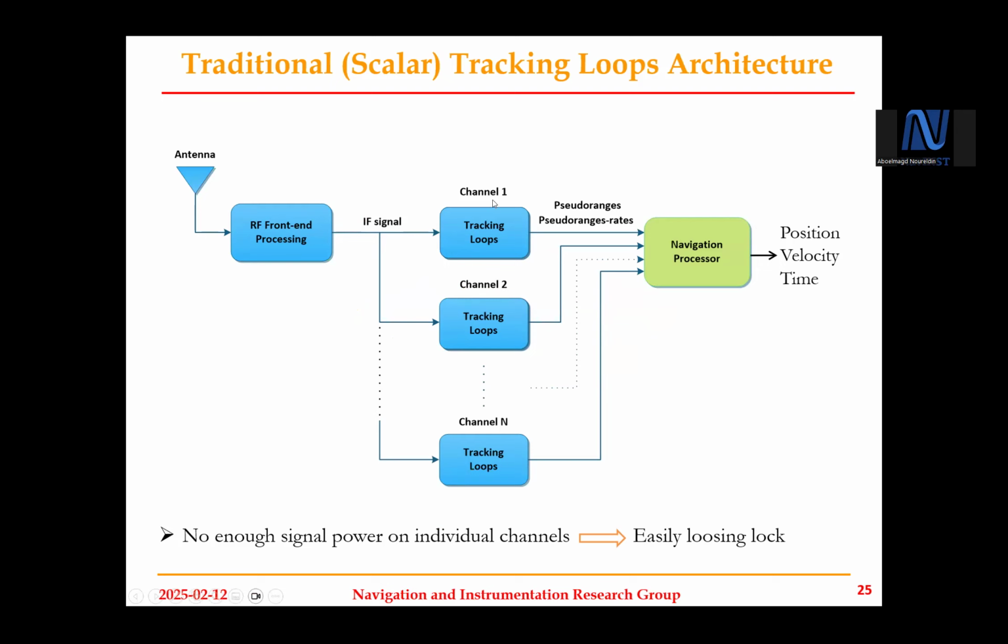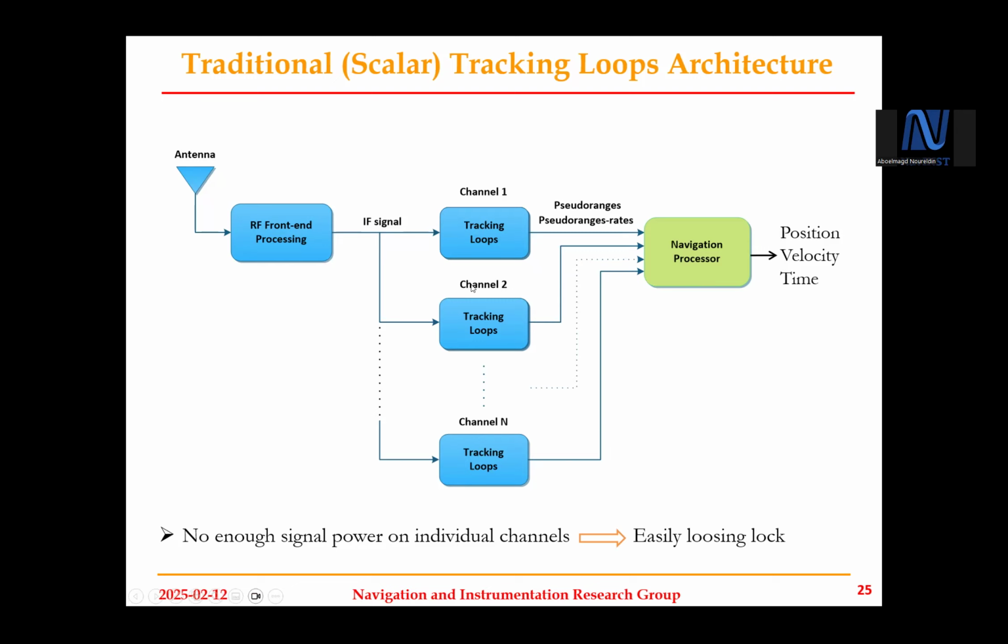In that case, we'll have N channels, right? We merge them only at the navigation processor. We merge the pseudoranges and pseudorange rates, even in a tightly coupled fashion. We calculate the navigation independently after we get the output of each channel.